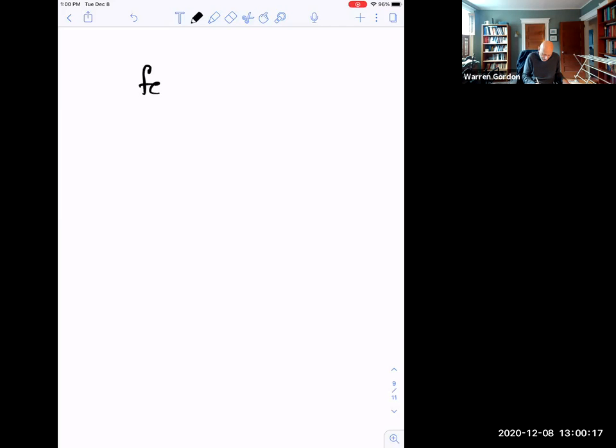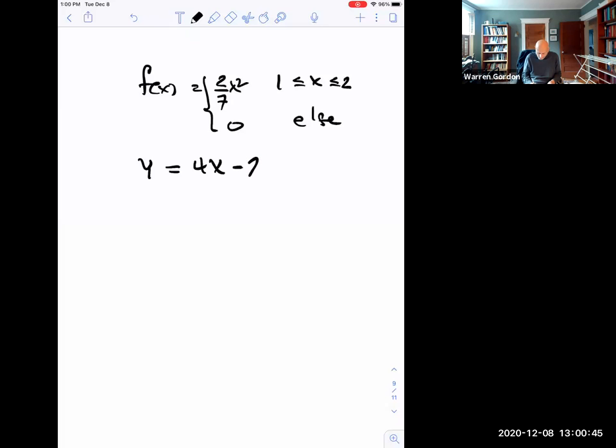Suppose f of x is 2/7 x squared between 1 and 2 and 0 elsewhere, and Y is, say, 4x minus 2. Find E of Y.